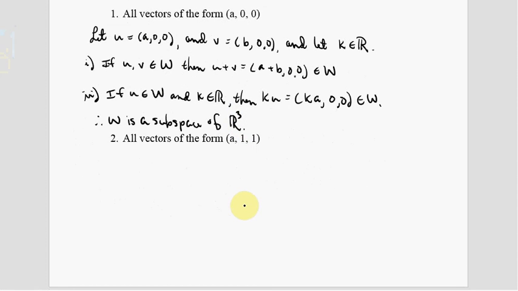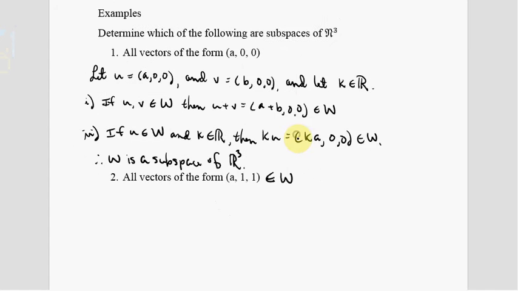Secondly, consider all vectors of the form A, 1, 1, and we'll say that this is some element of this subset. If W is not a subspace, then it's still a subset.